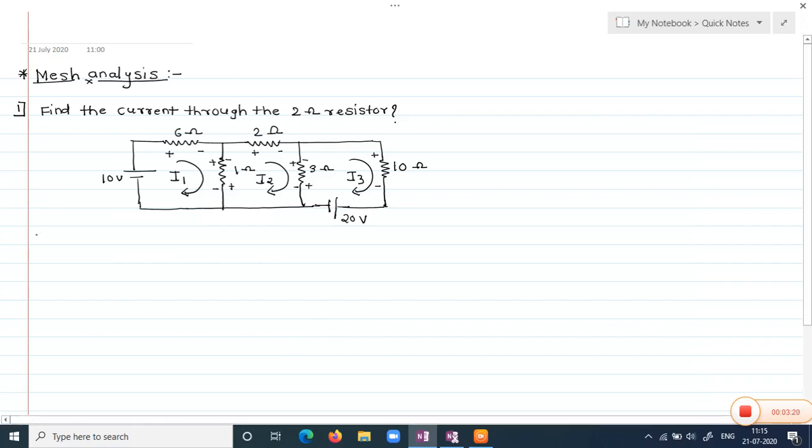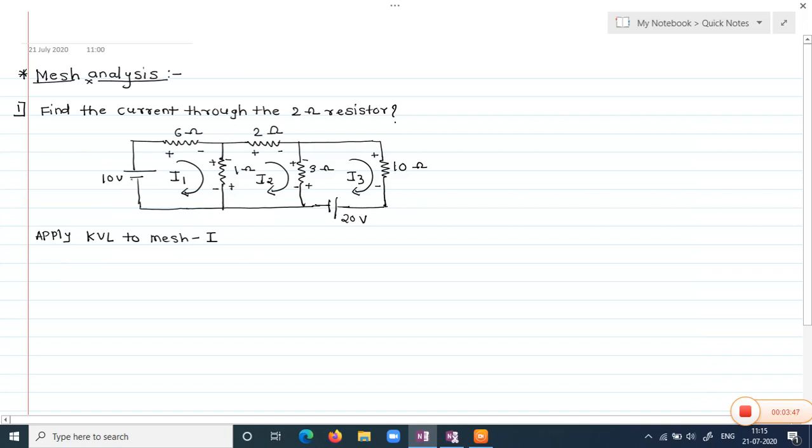Now the step number 1, apply KVL to mesh 1. Now we start to apply KVL to mesh 1.